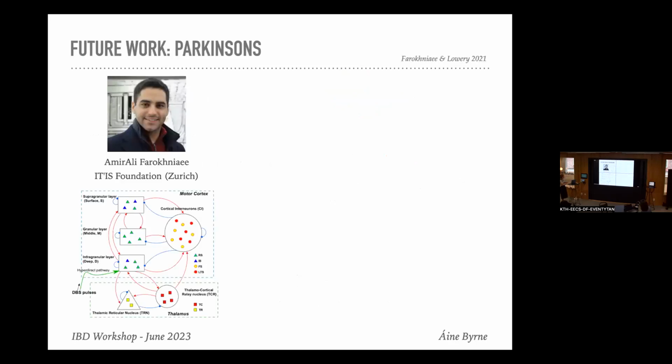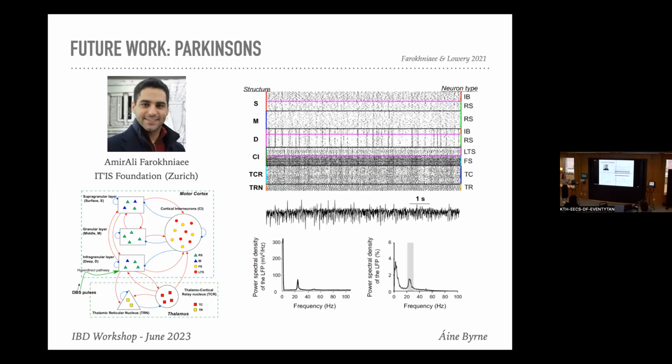Okay, so just to finish off, I wanted to talk about two pieces of work I'm just starting on. The first is with Amar Ali in relation to Parkinson's. He has been looking at deep brain stimulation in Parkinson's, but using large networks of interconnected neurons, using, say, Hodgkin-Huxley or Izhikevich neurons, and stimulating hundreds or thousands of individual neurons.